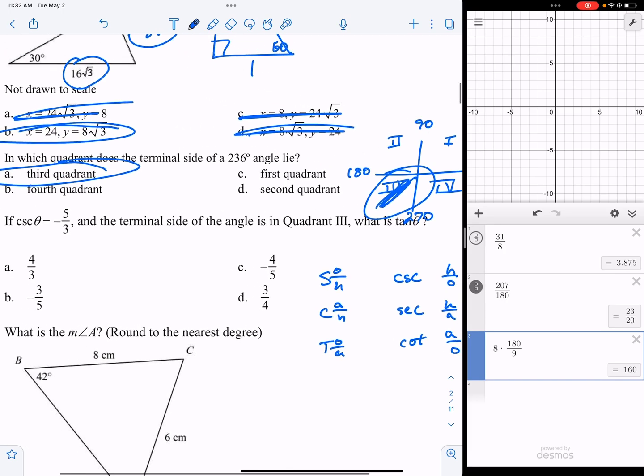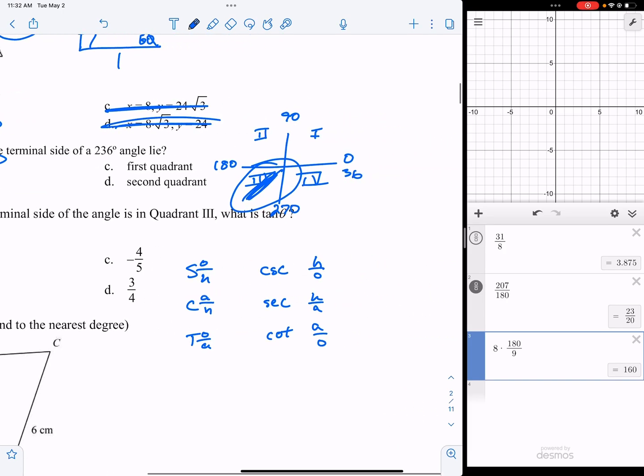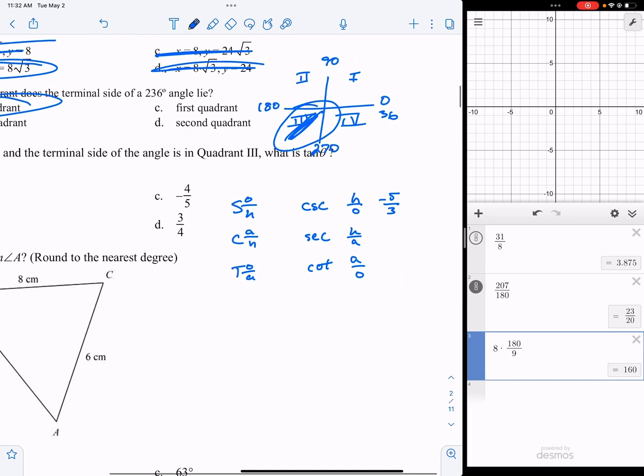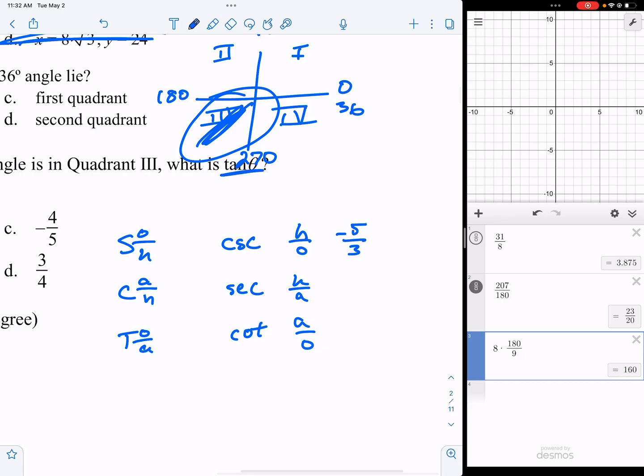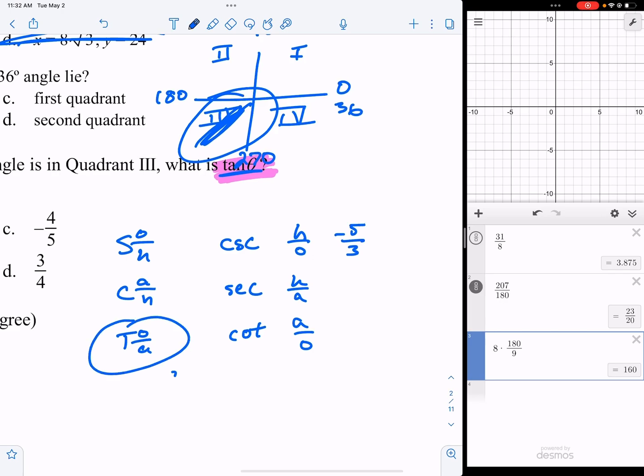Okay. So they tell us cosecant is negative 5 over 3. Now, they want tangent. So tangent is opposite over adjacent. We need O and A. So O is -3.